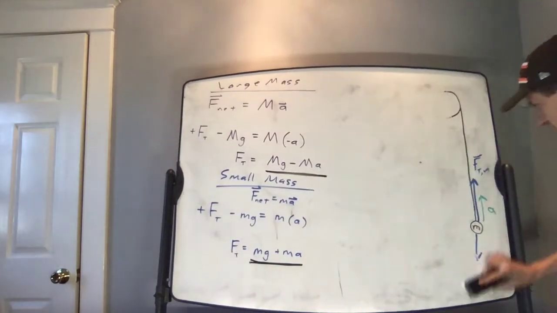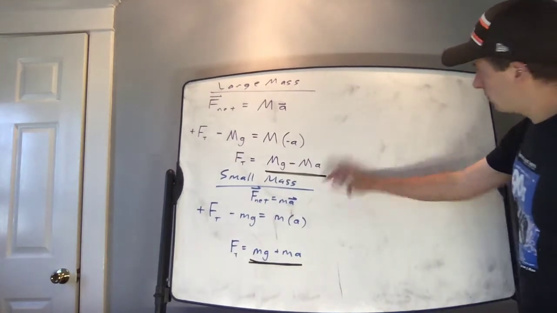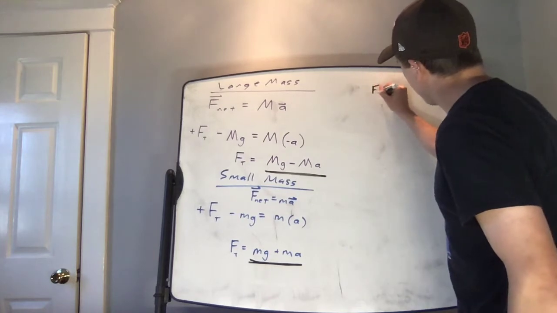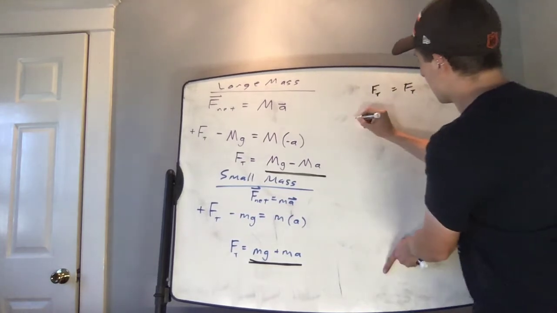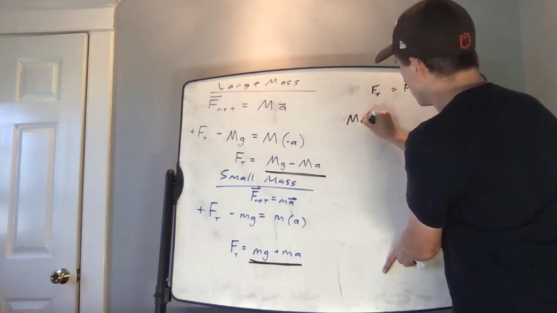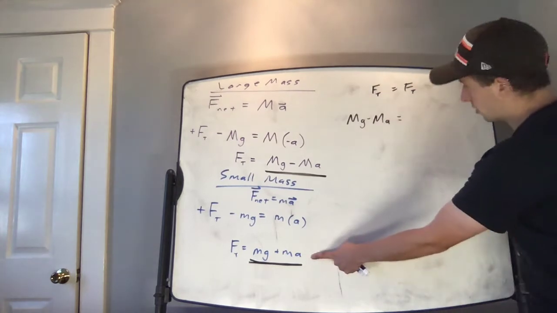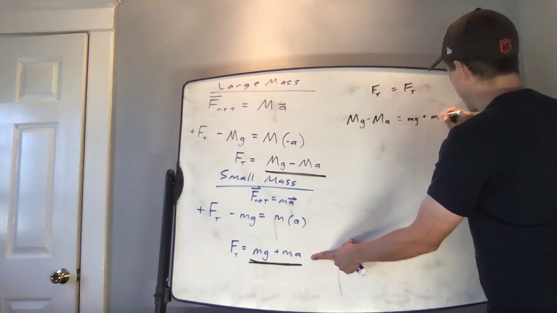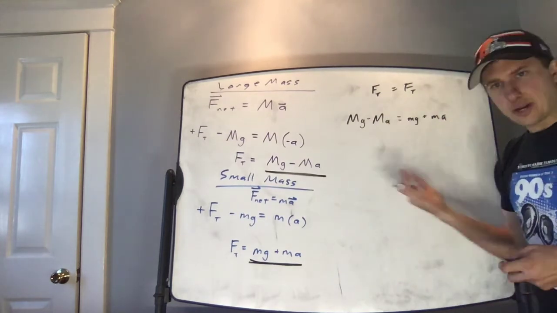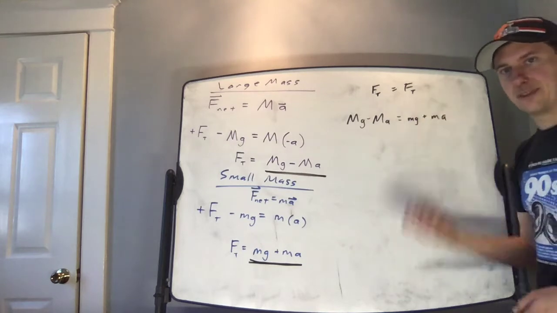So I could say the force of tension, written from here, if I say F tension equals F tension, from the big mass, I have big mg minus big ma, and from the small mass, I have little mg plus little ma. Now I'm going to solve for the acceleration of the masses.